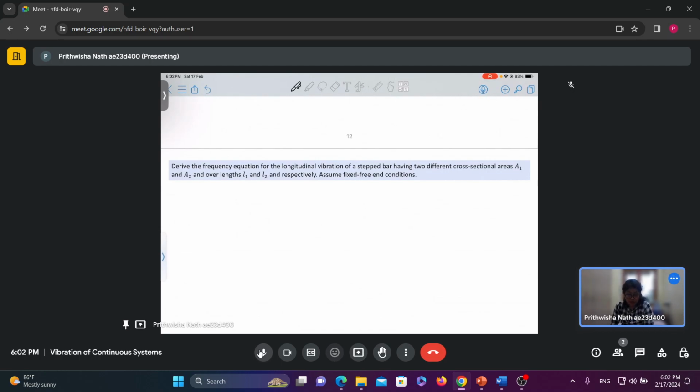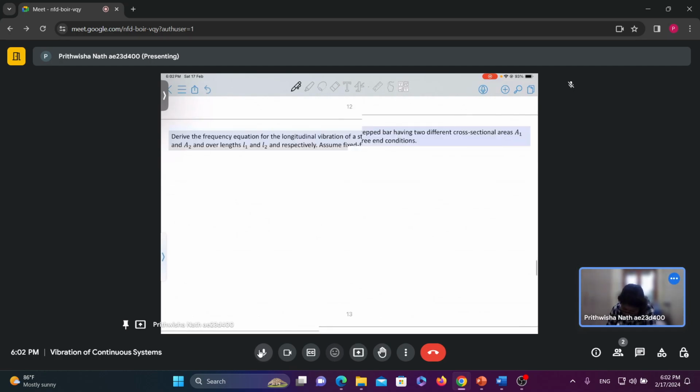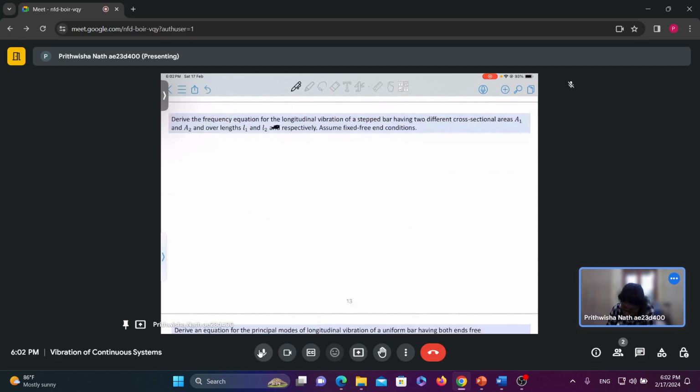Assume fixed fixed end conditions. So the step bar looks like this.